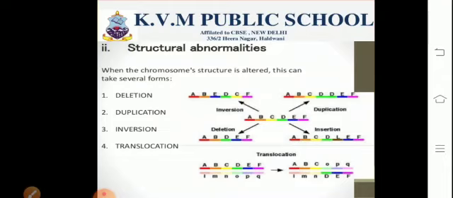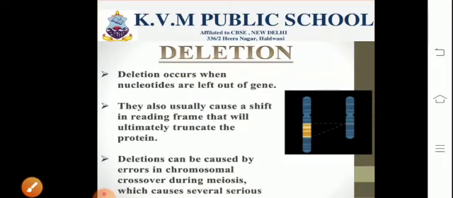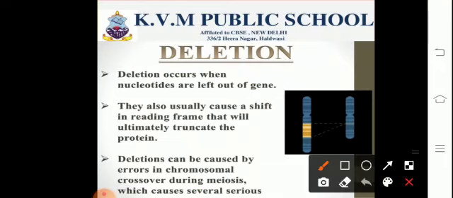Chromosomal mutations can occur in several ways: deletion of a strand, duplication, inversion, or translocation of the nitrogenous bases. Deletion occurs when nucleotides are left out of the gene.